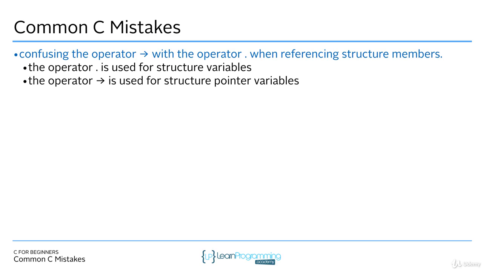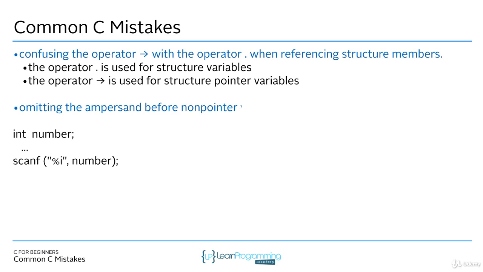If you have a structure that's not a pointer, then you access it using the dot operator. A lot of times this dot operator and this dash greater than is used incorrectly. Dot for non-pointers, dash greater than for pointers. This will become clear in more of our examples.